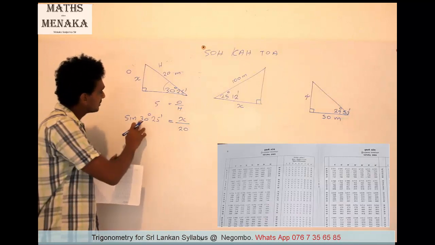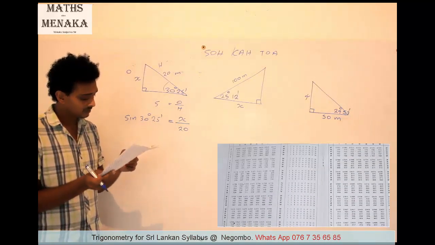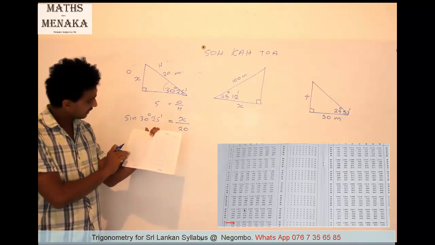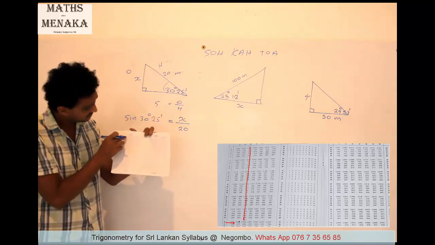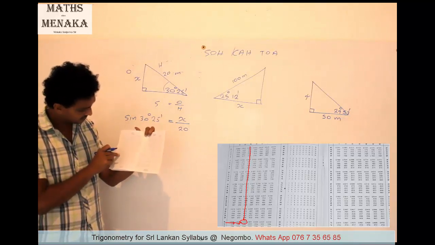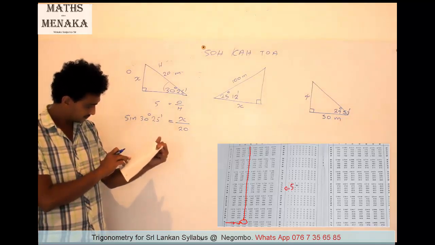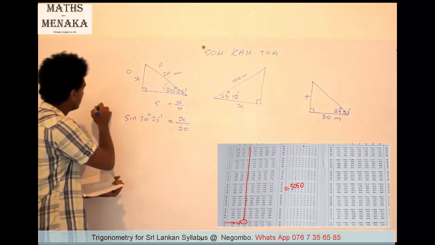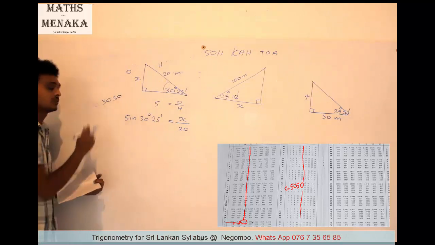Now, let's go to 30 degrees and 25 minutes. What's the value for 30 degrees? Here, there's a multiple of 10, so you have to go to 30 degrees and 20 minutes. That is 0.5050.